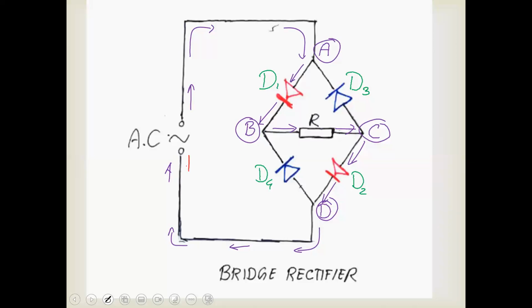Now current comes from the other side. This is how AC works, AC reverses. This current reaches position D. D2 refuses, and D4 allows the current. So it will enter the diode and reach position B. When it reaches position B, D1 will refuse.